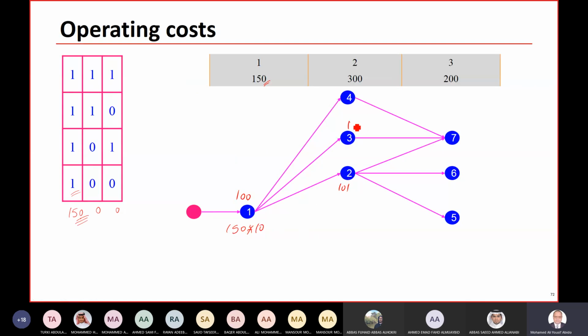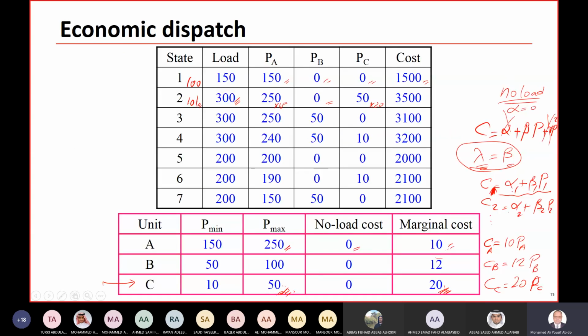This is state 110. So if you go to 110, you are distributing the load among machine number 1 and machine number 2. So the load is 300, and this one should be loaded to the maximum, and the other will be 50, and the minimum is 50. That's okay, and it satisfies the minimum.